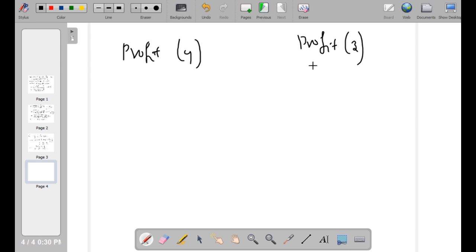You have added some quantity of the second item that has higher Pi by Wi value, and you have removed the equivalent weight. Then you are getting Z. So Z will have more profit, isn't it?